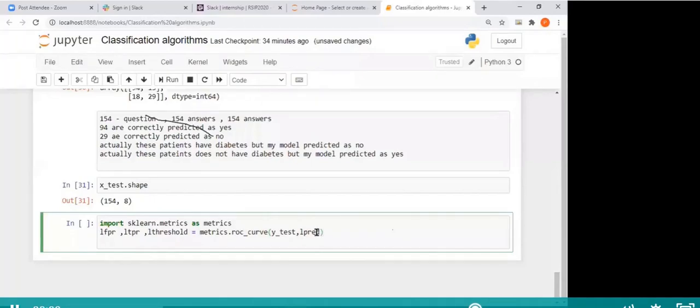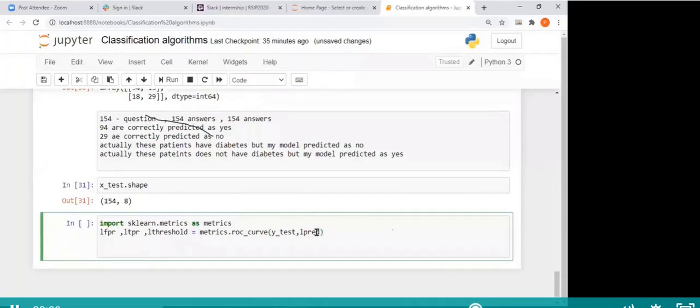Now L_ROC_AUC is equal to metrics.auc of FPR, comma, TPR.